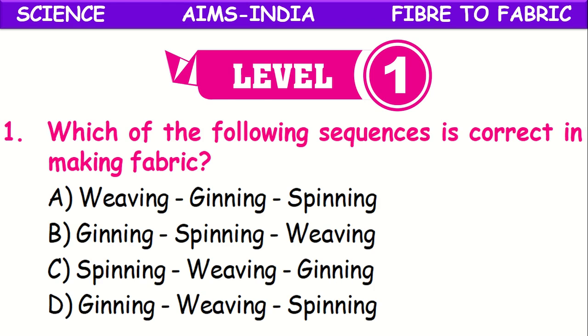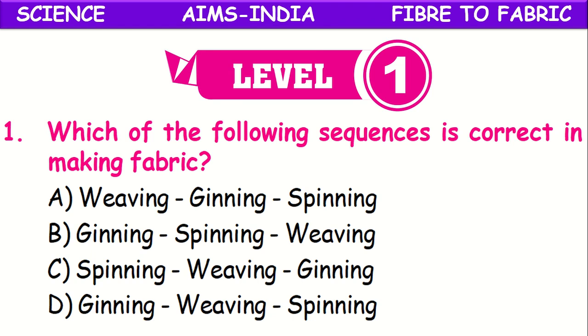See the first one. Which of the following sequences is correct in making of fabric? Just now I told the process of conversion from fiber to fabric undergoes different procedures. First, the fiber is separated from the seeds. That process is called ginning. Then the pure fiber obtained is twisted and rolled to get yarn.